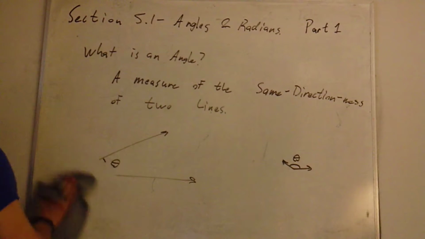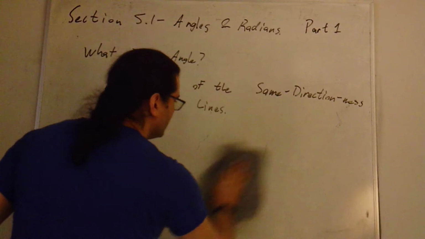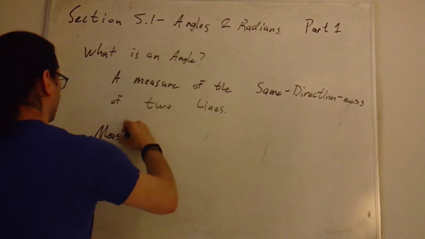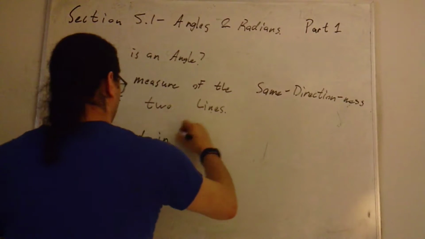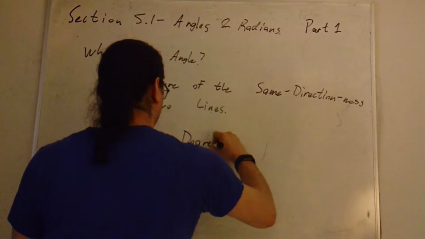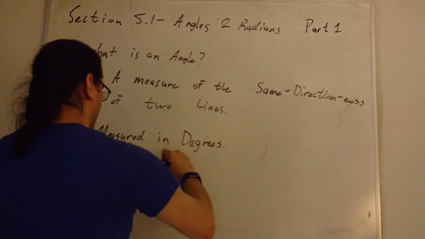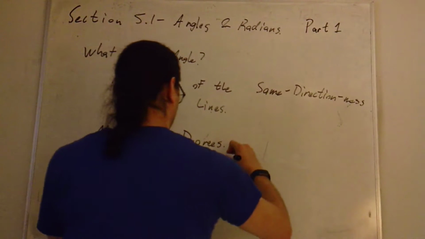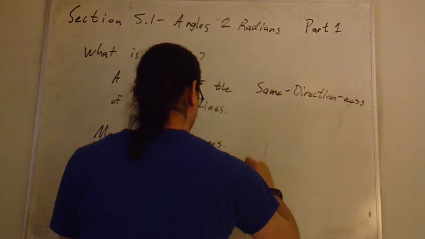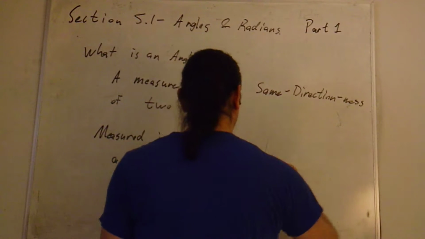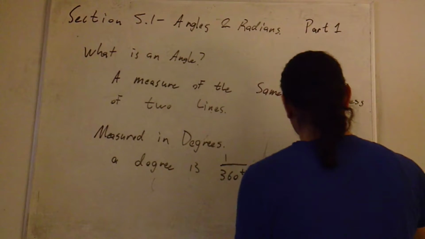So let's talk more about angles. Angles are measured in degrees. A degree is 1/360th of a circle.